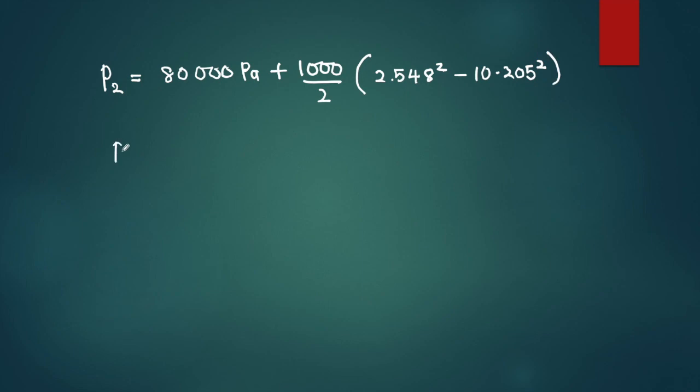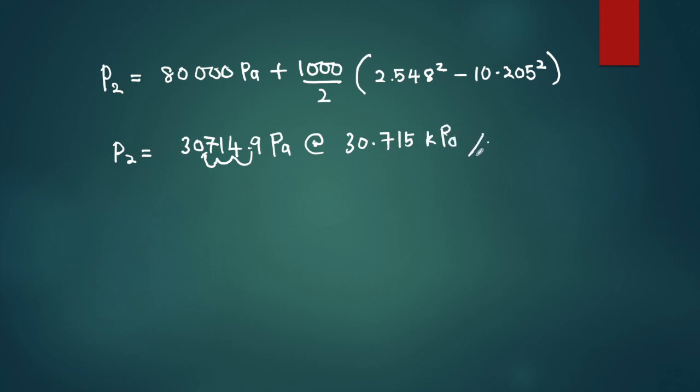Now we have P2 as 30,714.9 Pascal. If you want to change it into kilopascal, you have to divide by 1000. So you will have 30.715 kPa. So you have already solved the tutorial question.